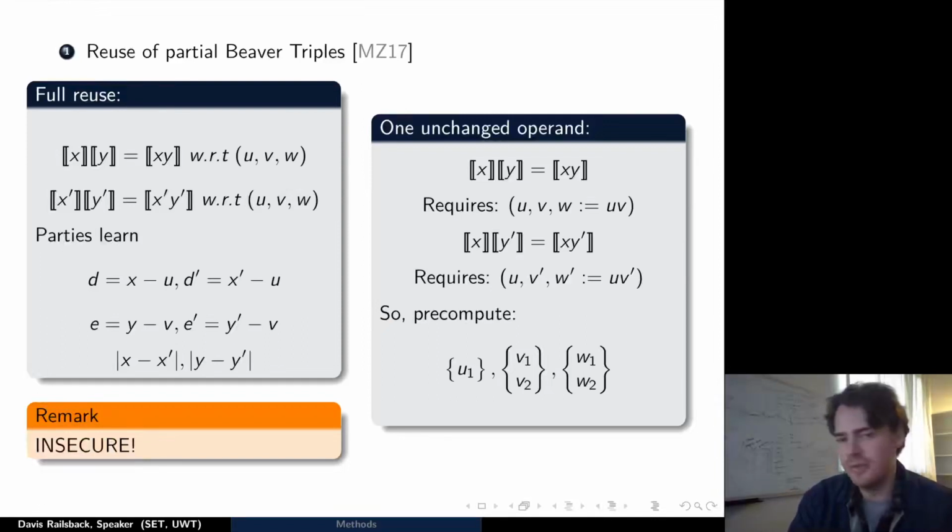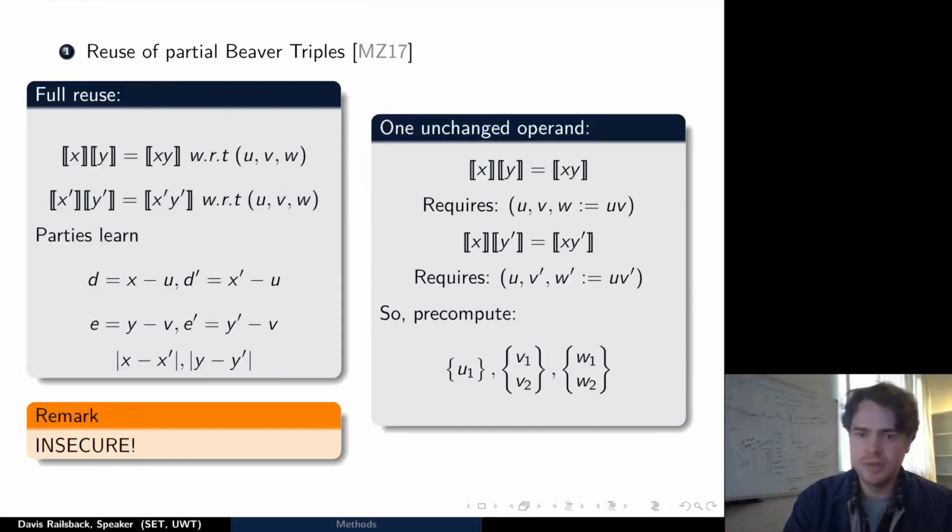However, if it's baked into the protocol that one operand isn't going to change, like we need to compute the product between x and y prime, and the protocol itself specifies that x doesn't change between those two operations, then it only needs to be masked once, so only one u value is required.